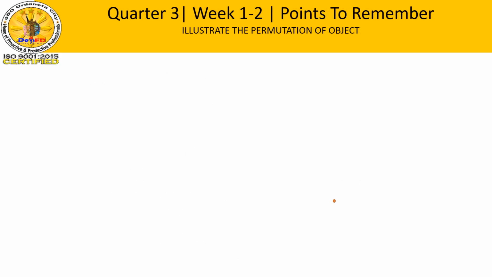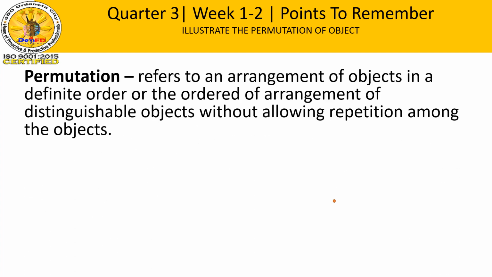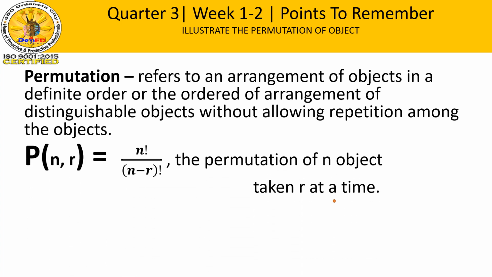It can be written as in permutation. But first, let us define what a permutation is. A permutation refers to an arrangement of objects in a definite order, or the ordered arrangement of distinguishable objects without allowing repetition among the objects.